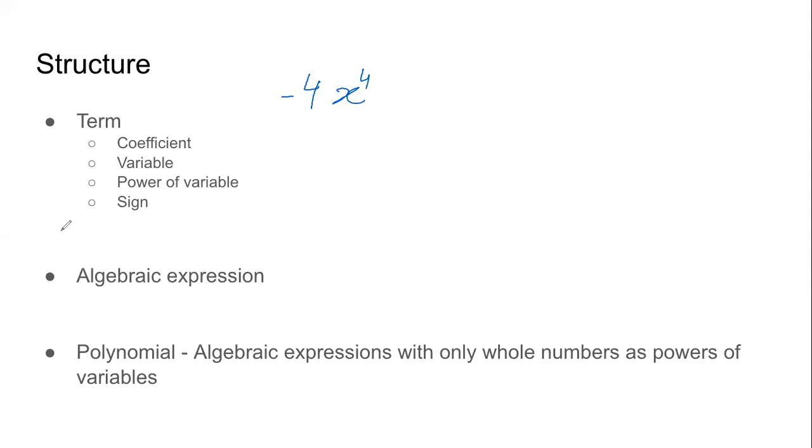So our term is minus 4x to the power 4, where 4 is the coefficient, x is the variable, this 4 is the power, and this is the sign. Very important to understand this. Sign, coefficient, variable, power.